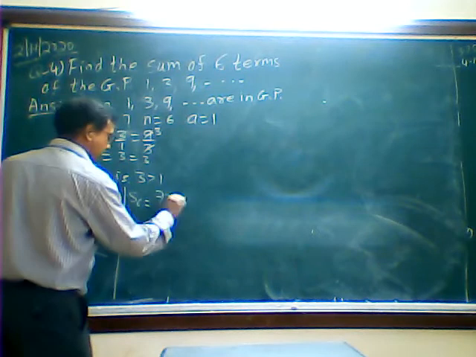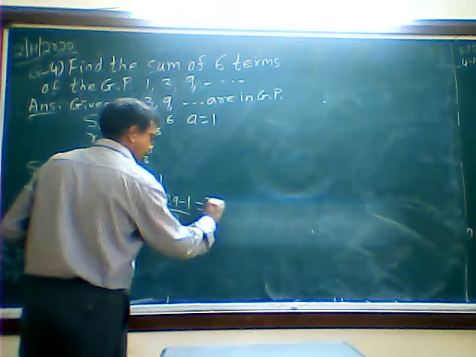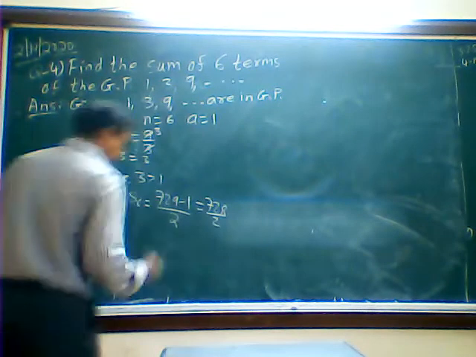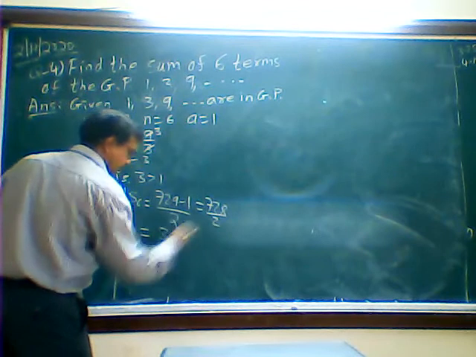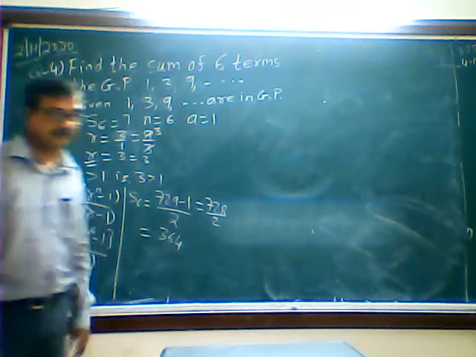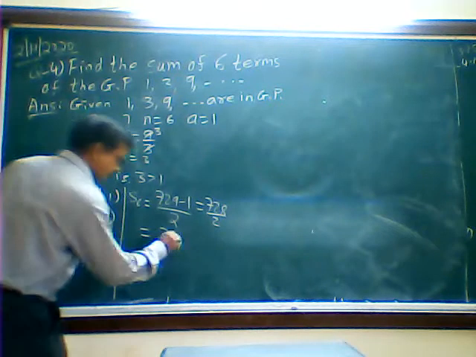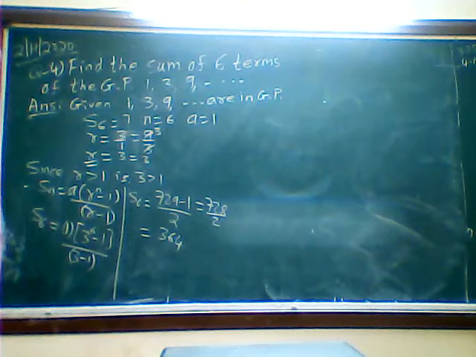So 729 minus 1 divided by 2, that is 728 divided by 2. Can it go? 2 fours are 8, 2 threes are 6, 2 sevens are 14. So the answer is 364.